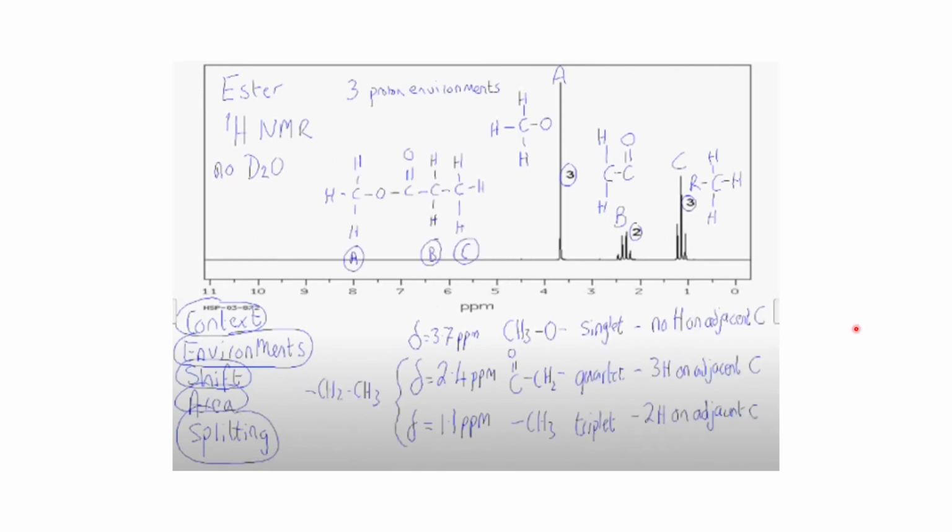And now we just have to put together all these fragments. This is where the splitting of the peak helps, because it tells us the sequence of the pieces. Peak A is a singlet, so there is no hydrogen on the adjacent carbon, and that fits with an oxygen being connected to that carbon.